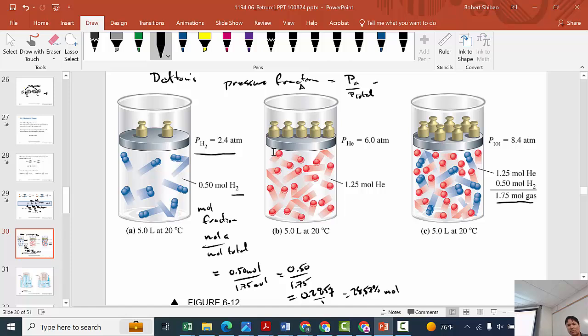If we calculate the pressure fraction of hydrogen, it's going to be the pressure of hydrogen, 2.4 atmospheres, divided by the total pressure. The total pressure is over here, 8.4 atmospheres in the mixture.